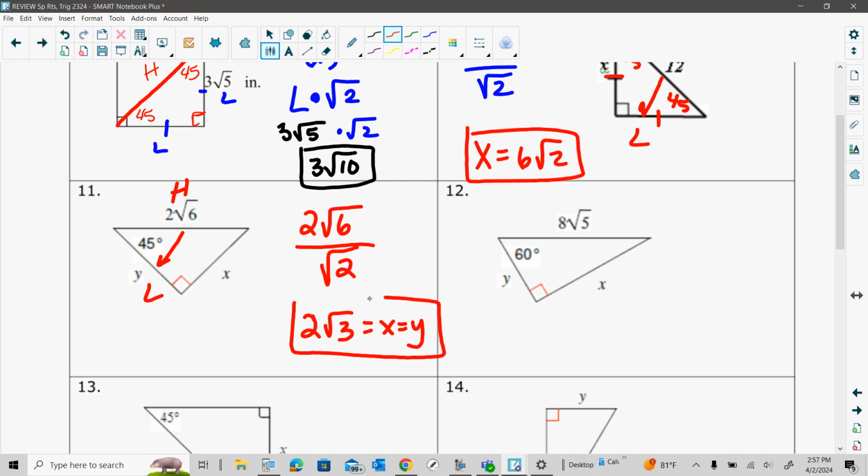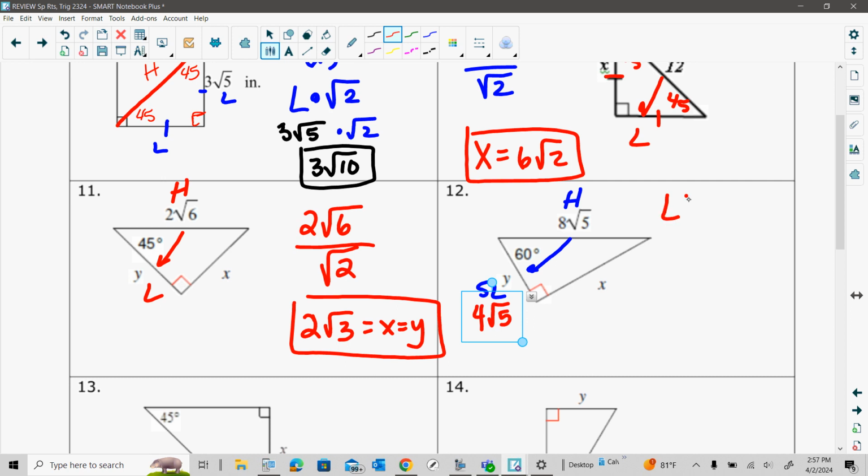They're the same measure. So for something like number 12, we start with the hypotenuse, and you want to go back always to the short leg. That's home base. So hypotenuse to short leg means we're just taking half of it, and that would be half of the outside number, the 8. So this would be 4 root 5.